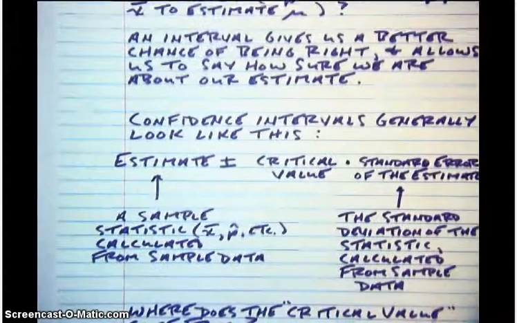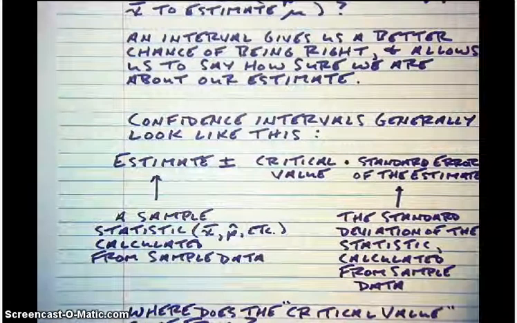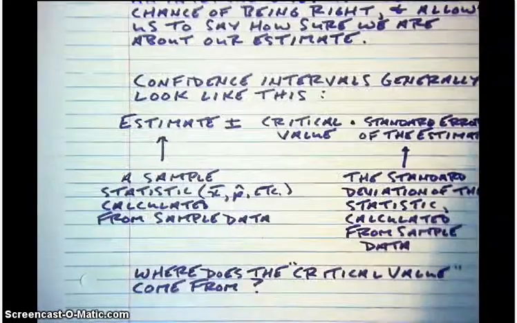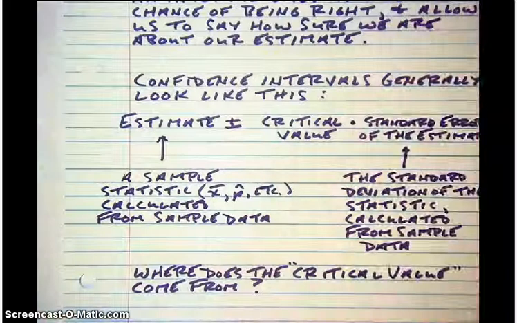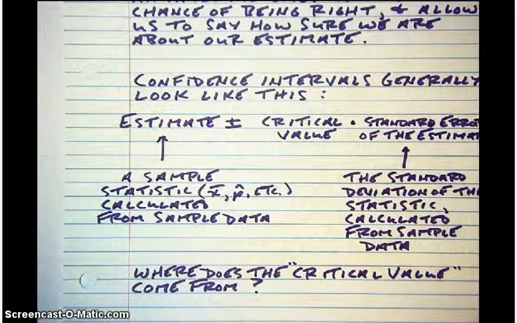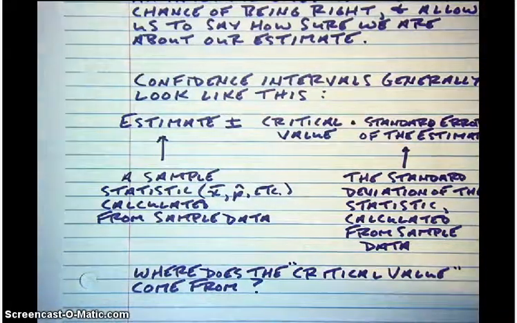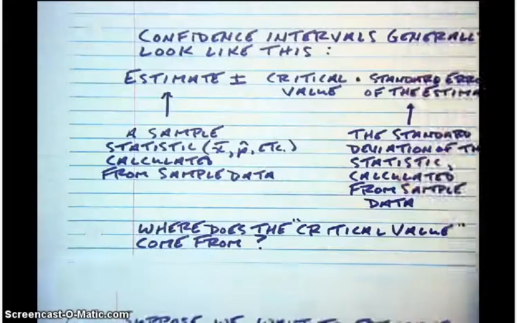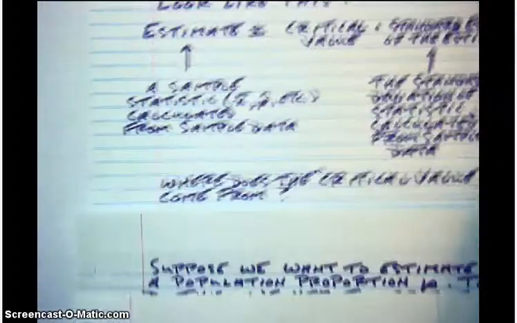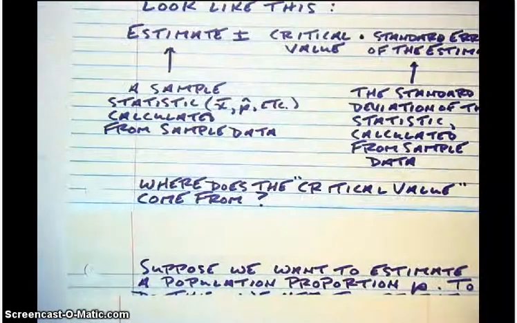Where does the critical value come from? That's the big question. Where are we going to get that? And that's pretty much the key to what we're going to do with confidence intervals today. Now, suppose we want to estimate a population proportion p.